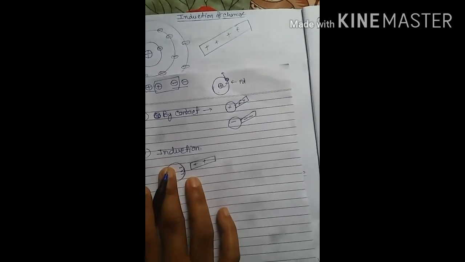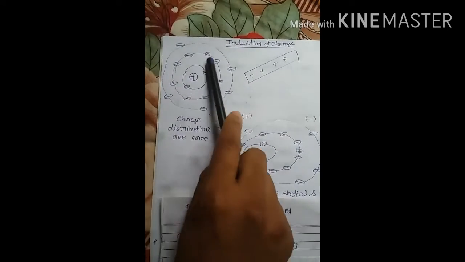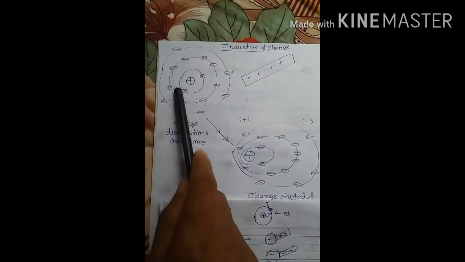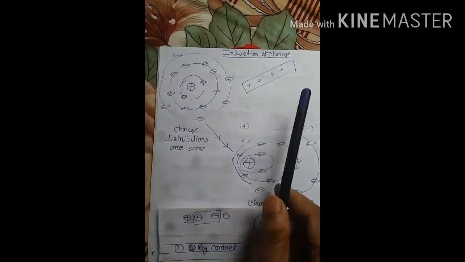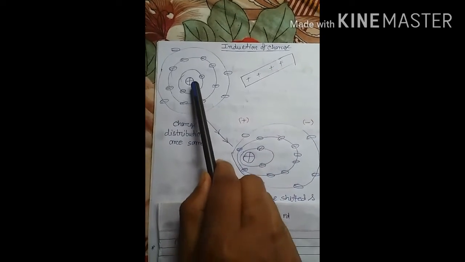Now here I explain this induction by electronic configuration. See, this is the charge distribution and electronic configuration of an atom, and we bring a positive charge closer to this atom. Then what will happen?